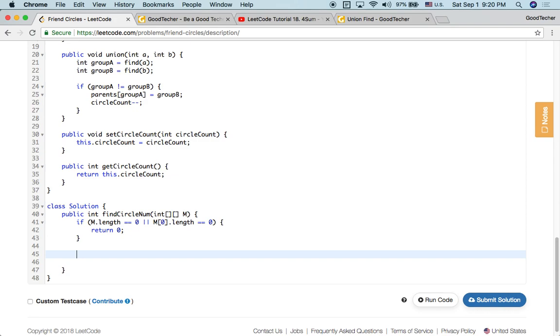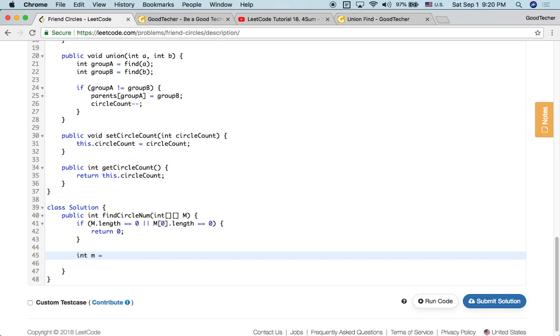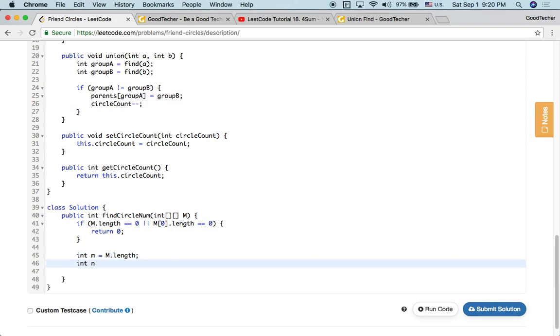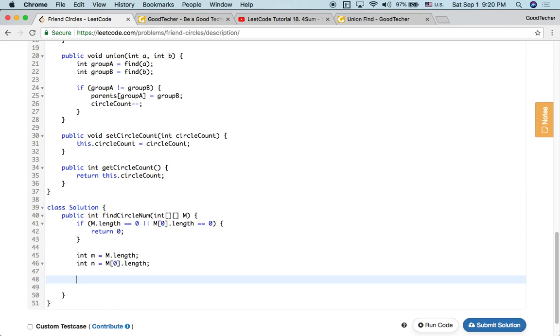If we pass the edge case check, then we can get the total number of rows, that's m dot length, and int n is m0 dot length, the total number of columns.